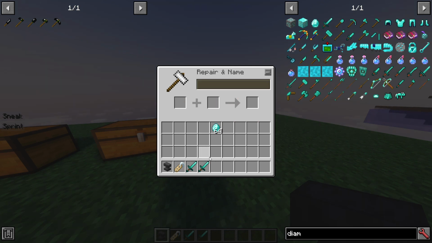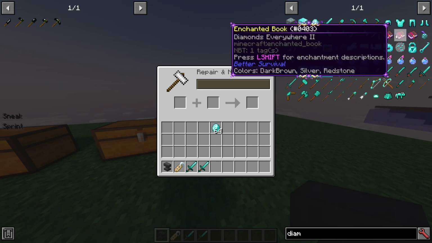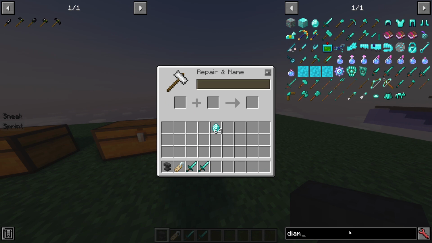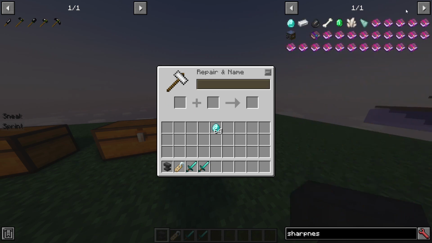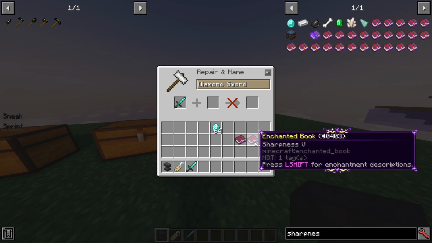Now, the harder part is what happens when I change the enchantment of an item. Let's say we use sharpness. You see, it costs 5 levels. This is sharpness 5. If I use sharpness 1, it costs 1 level. So you can already see the price depends on the level of the enchantment.